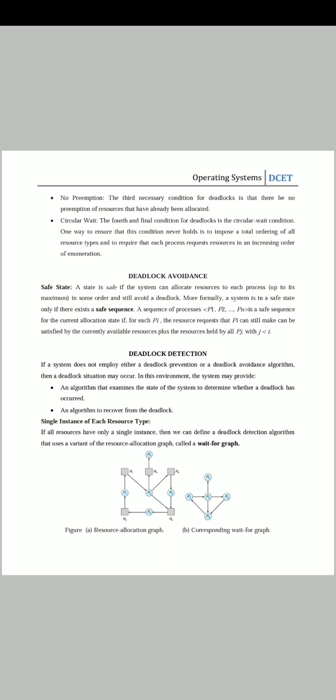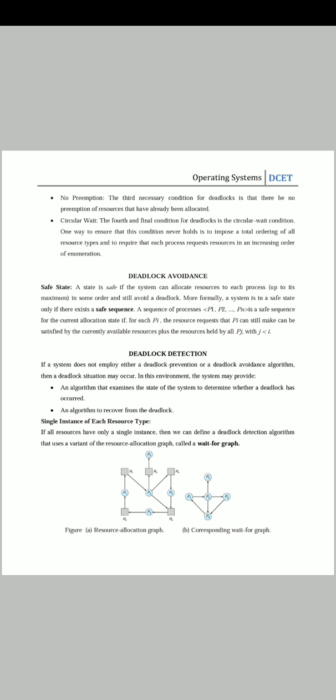The wait-for graph is the extended version of the resource allocation graph. Instead of having the resources in the graph, we collapse the edges. We convert the resource allocation graph to a wait-for graph by removing the resources and joining the edges from process to resource and resource to process.